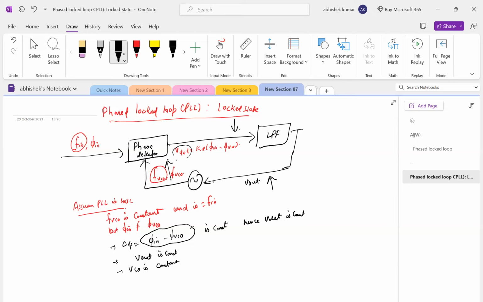Again V difference will decrease slightly, and it helps to make the PLL stable.